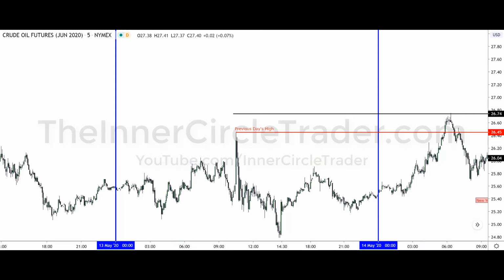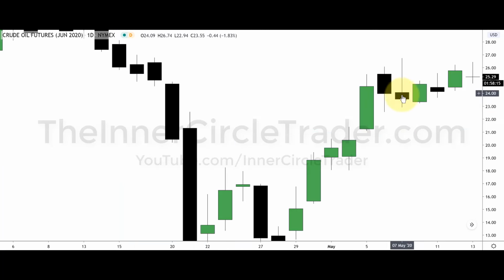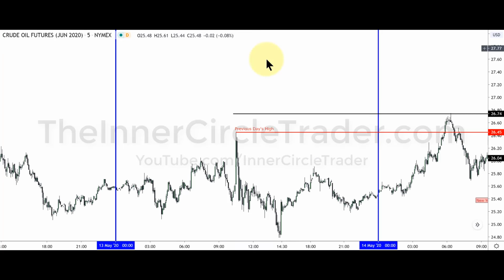Back on this chart, this pin bar, if you want to call it that, the retail idea is 26.74 for the high, and that's the level I have here, 26.74. We trade up into 26.75, so we went 1 point into that, and then we rejected.